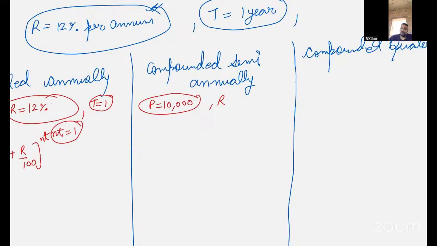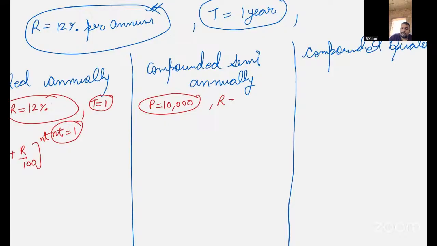In 1 year, how many? One time? Compounded semi-annually, no. After 6 months you are applying, no. Yeah, two times. So the rate will become, then I told you to divide it by the number of times.